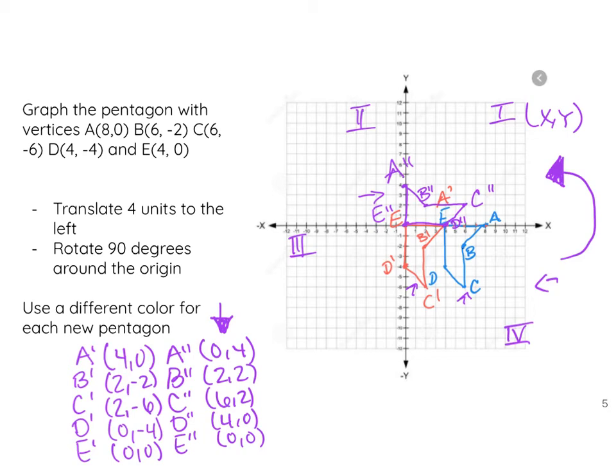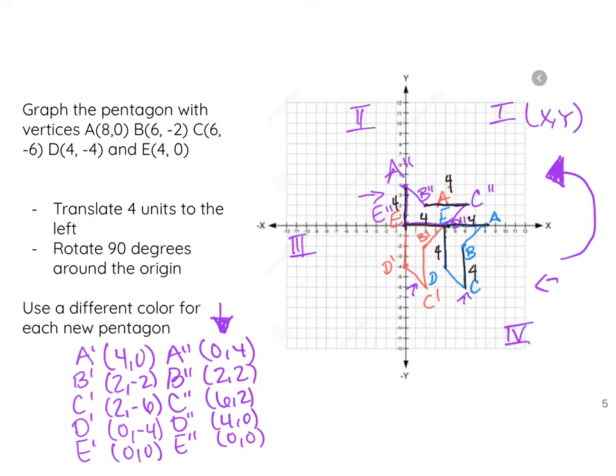So if I look at BC in the original, it is 1, 2, 3, 4 units. BC in the final pentagon is still 1, 2, 3, 4 units. If I look at A to E in the original, it's 1, 2, 3, 4 units. A to E in the final is 1, 2, 3, 4 units. E to D is also 4 units, and in the final it is still 4 units.